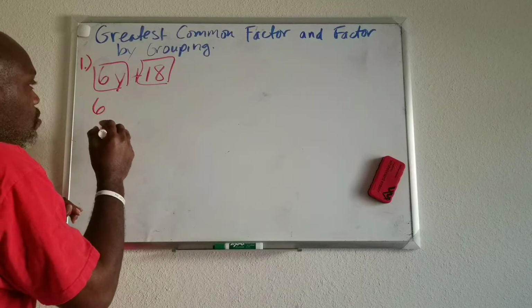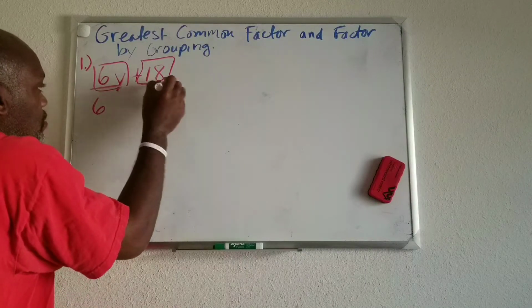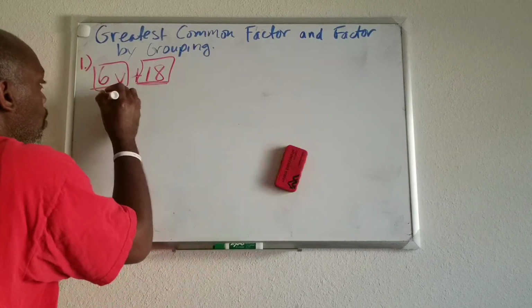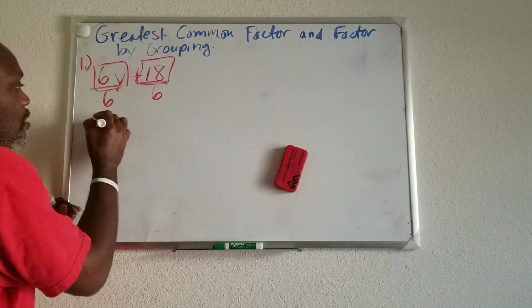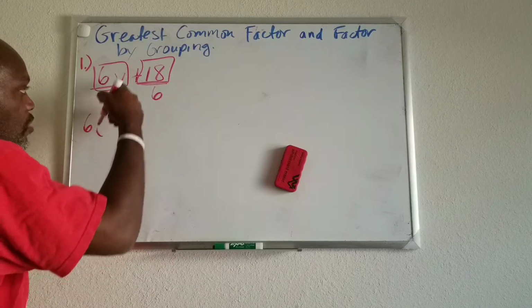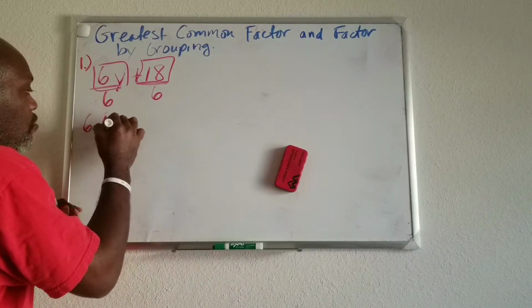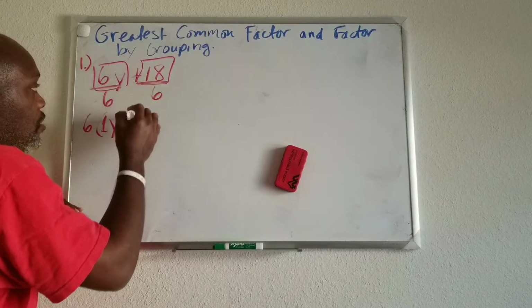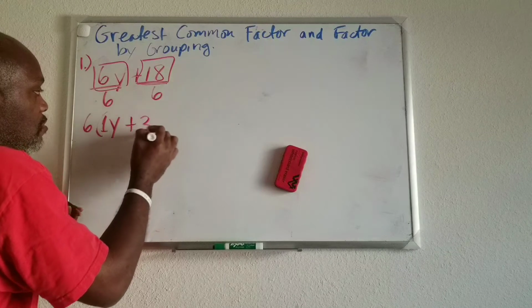Because of it being 6, we're going to reduce both terms by 6. So my greatest common factor is 6. 6 divided by 6 is 1, then y, if I need to put that y right there, that's fine. Plus 18 divided by 6, which is 3.